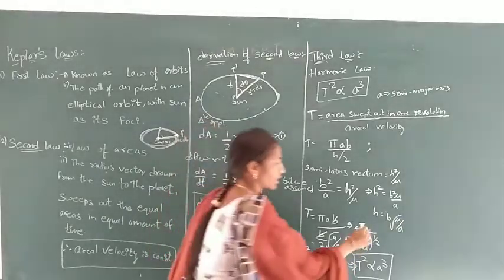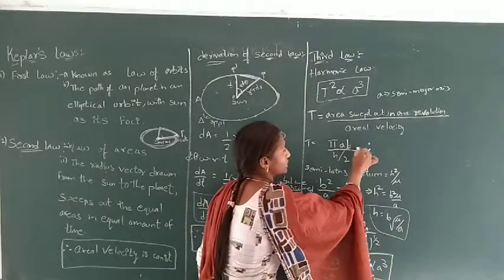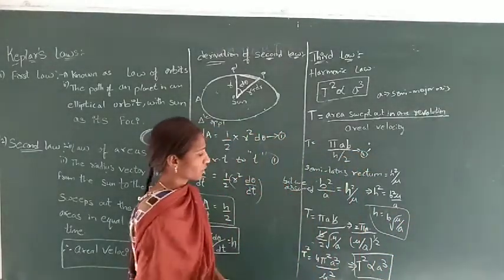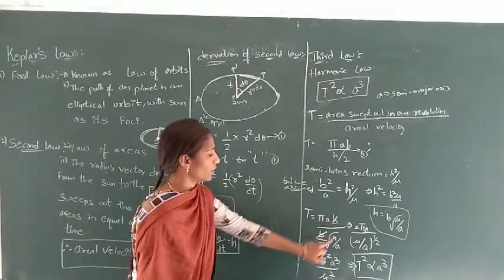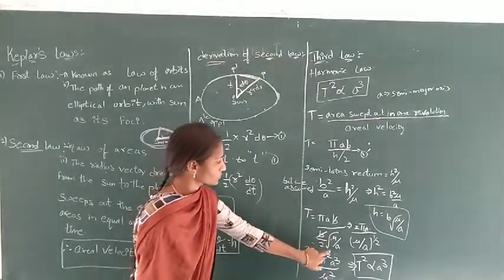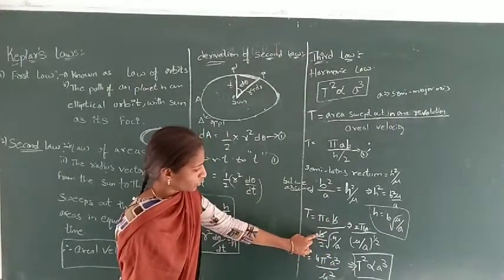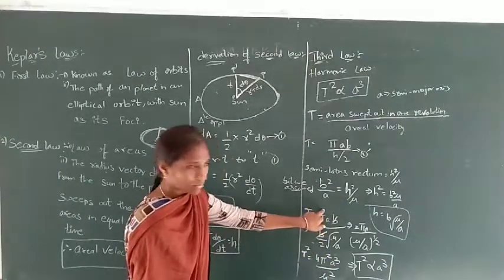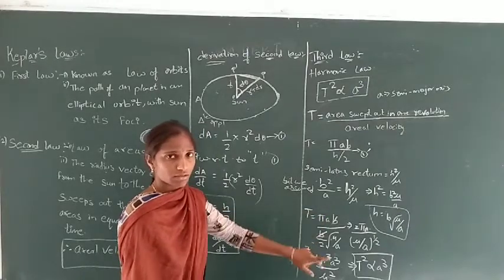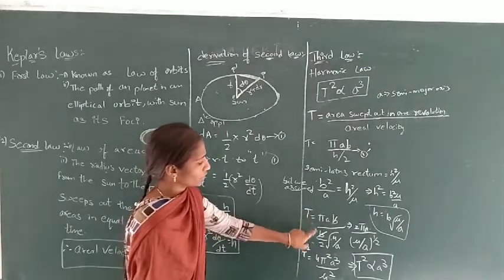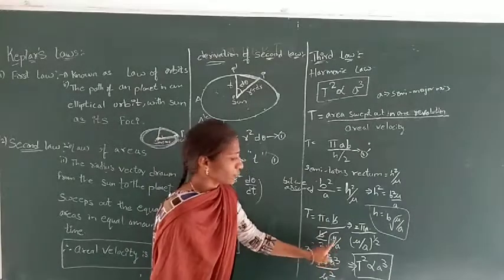Now substitute this h value in equation 1. T is equal to pi ab divided by b by 2 root mu by a. The b gets cancelled. Moving the denominator upwards, it becomes the numerator, so T is equal to 2 pi a divided by the square root of mu by a.